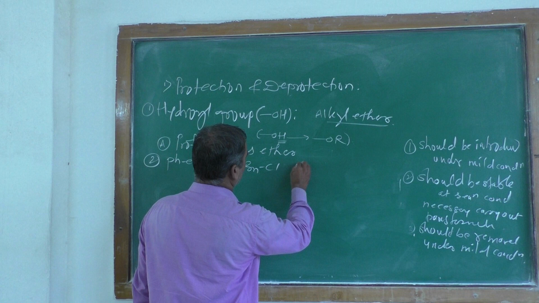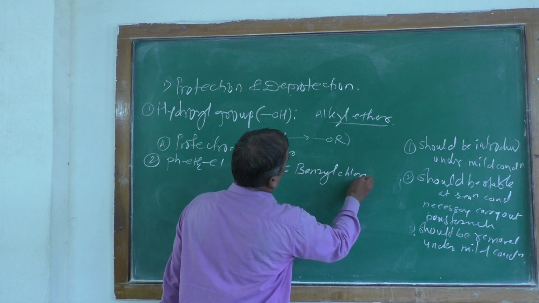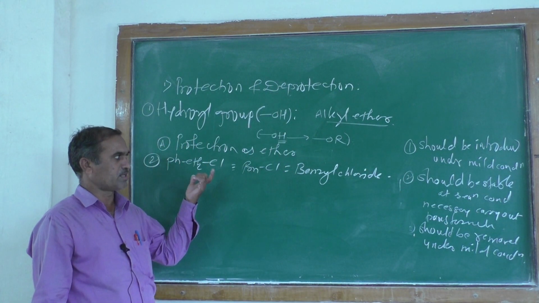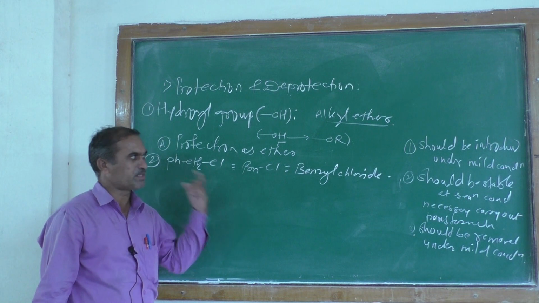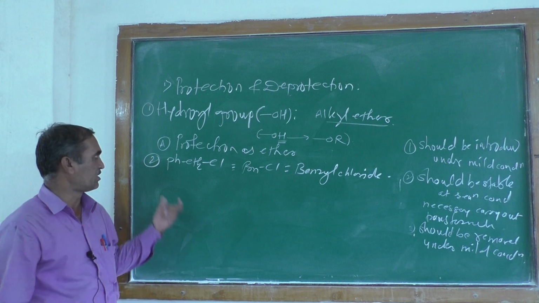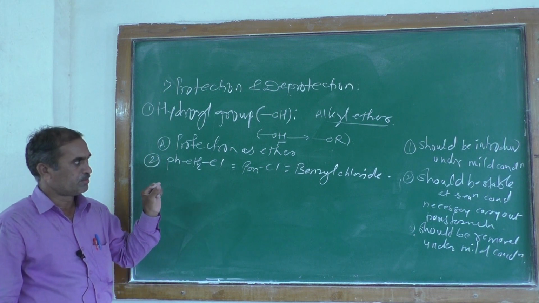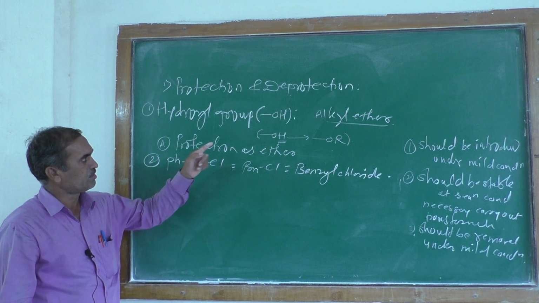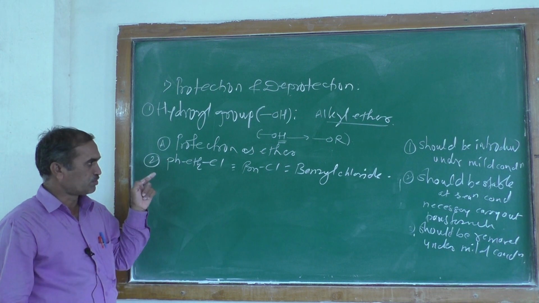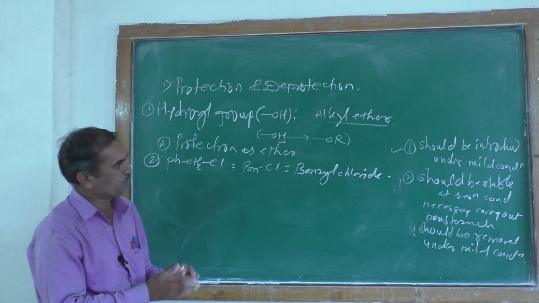Benzyl chloride is one of the best protecting groups for an alcohol as an ether. This is a second suitable reagent which can protect the alcoholic group. Now, according to our general guideline, what do you see here?